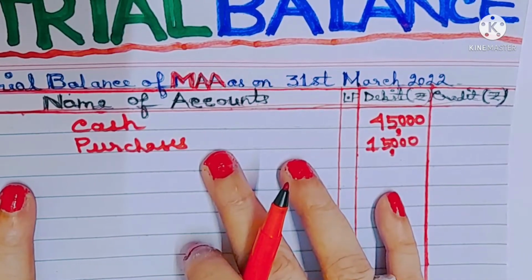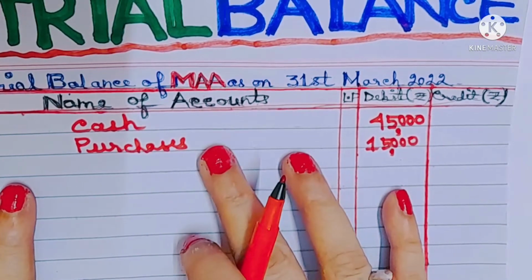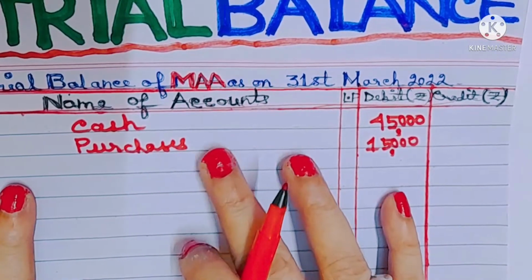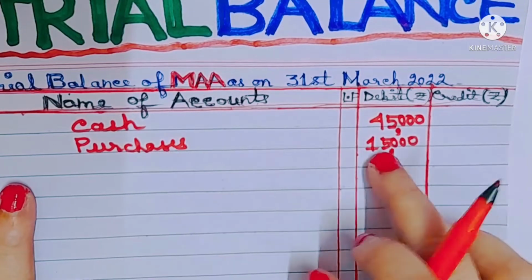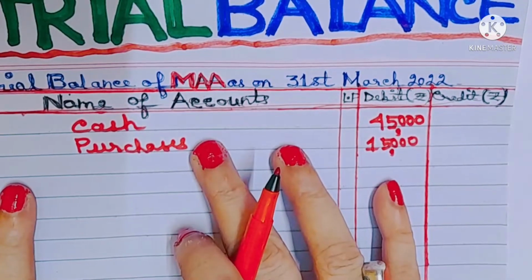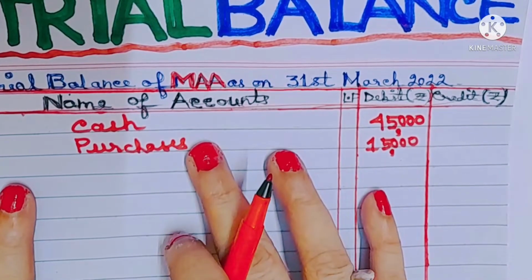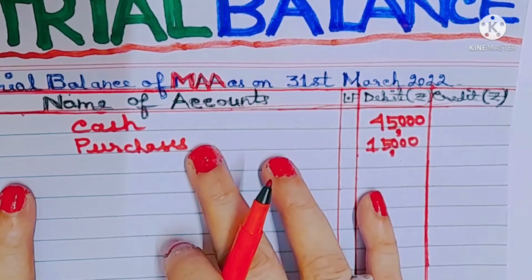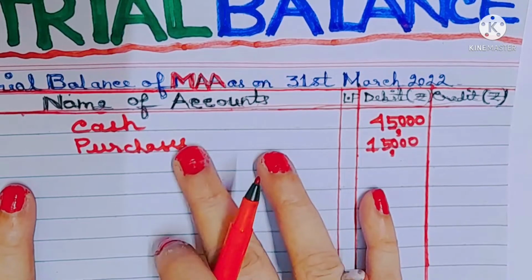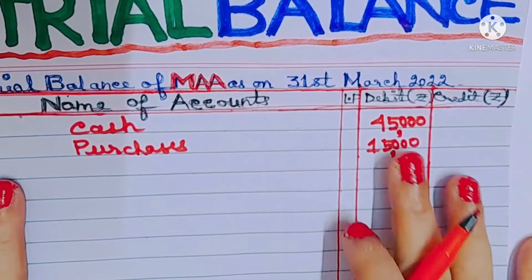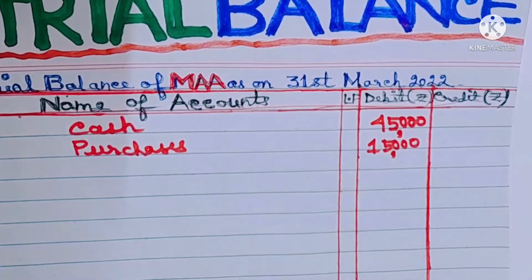According to real account, what comes in is debit. Here, when goods are purchased, goods come into the business. So, purchases account will be debited. According to nominal account, all losses and expenses are debited. Here, when goods are purchased, cash goes out. So, purchases is an expense for the business. So, purchases will be debited. Understood? Let's see the next account.